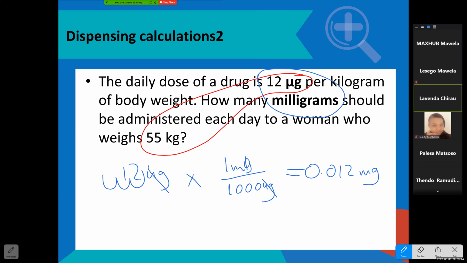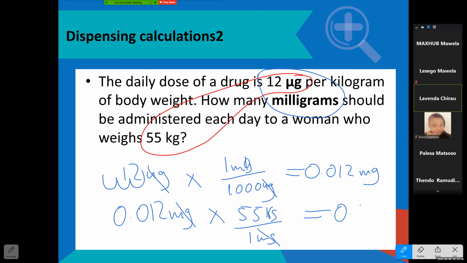Then you take this 0.012 milligrams and you multiply it by 55. In this 55, you need to know why you are multiplying, because it's 55 kilograms, and then you have got 1 milligram there. Milligrams cancel, and your answer is 0.66.